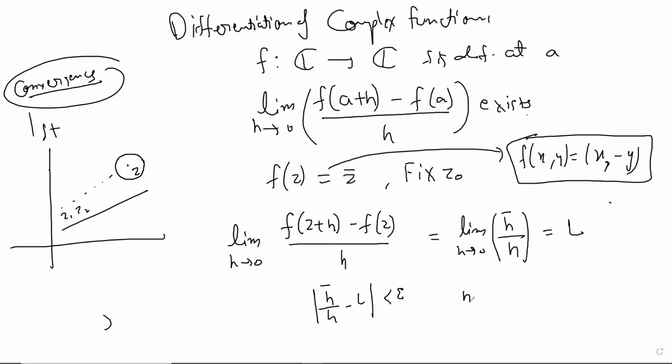For all h less than delta, we want this to happen. This should imply this. But the epsilon is given first, okay? That is important, because the degree of closeness must be given first.